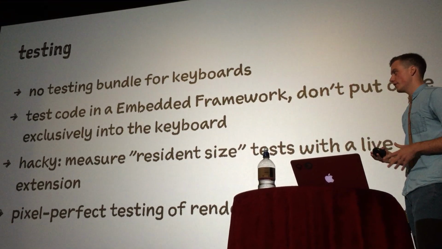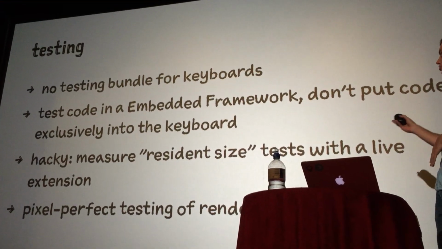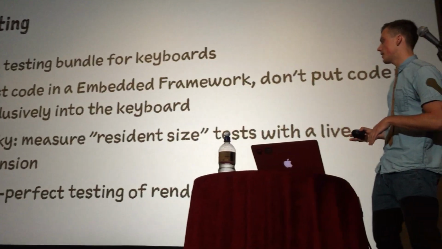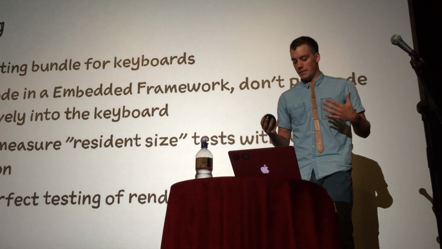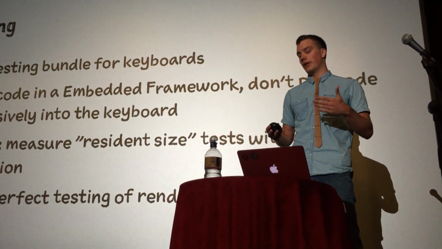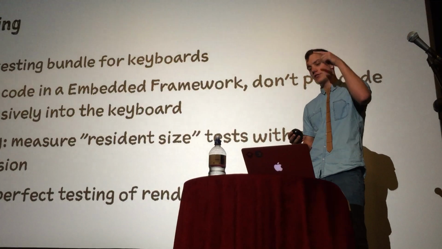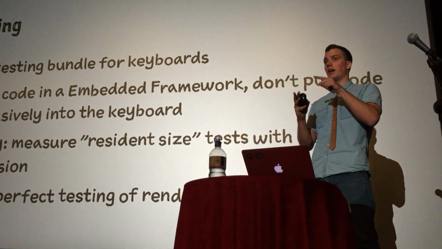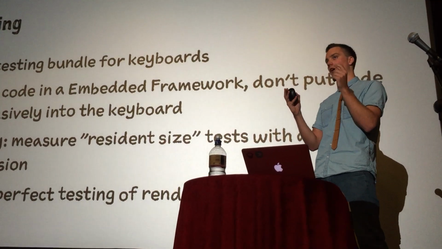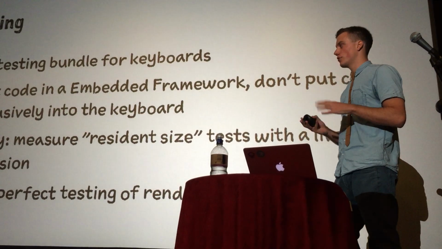So we developed a very hacky way to measure the memory of the extension by actually triggering the keyboard in a test that gets loaded up, and then we use the shared container to send messages to it, what to type, and then capture resident size memory and send it back. So we built something like this.